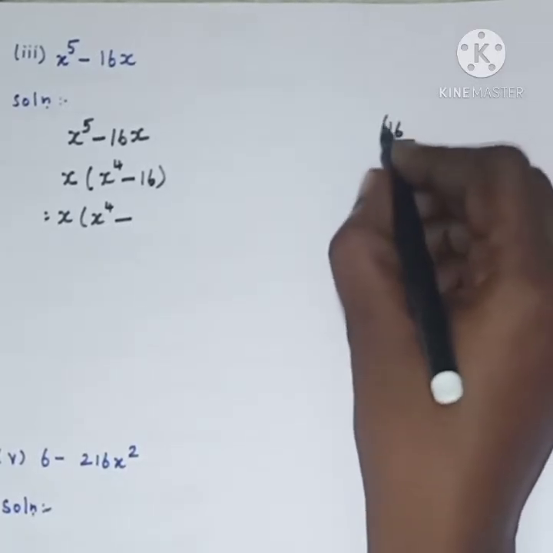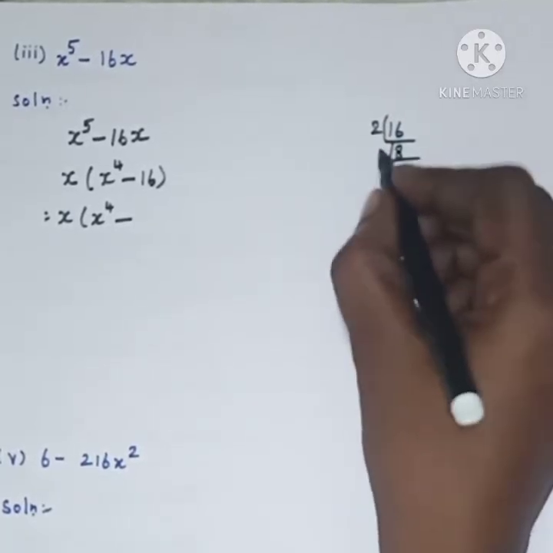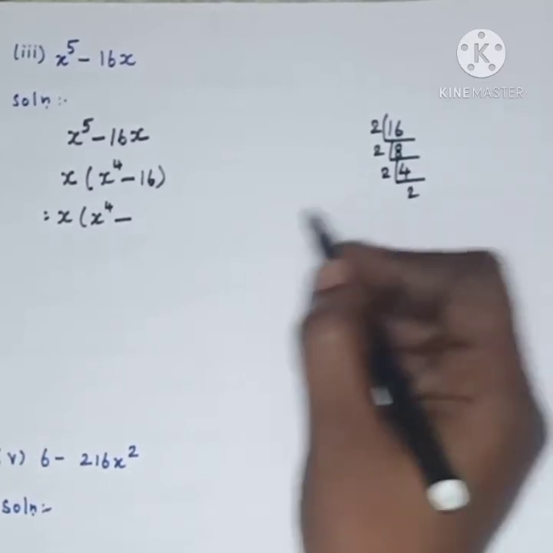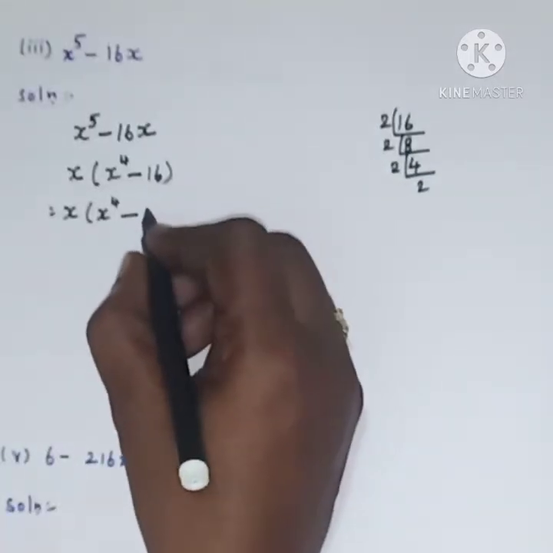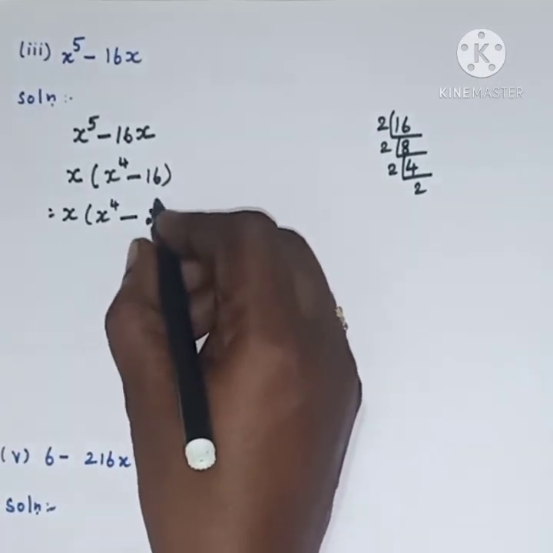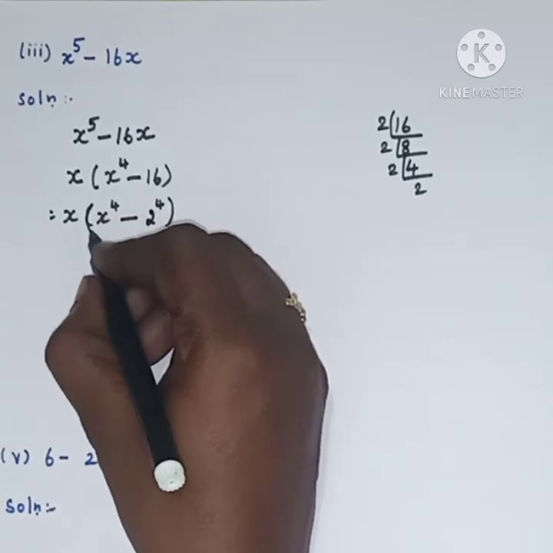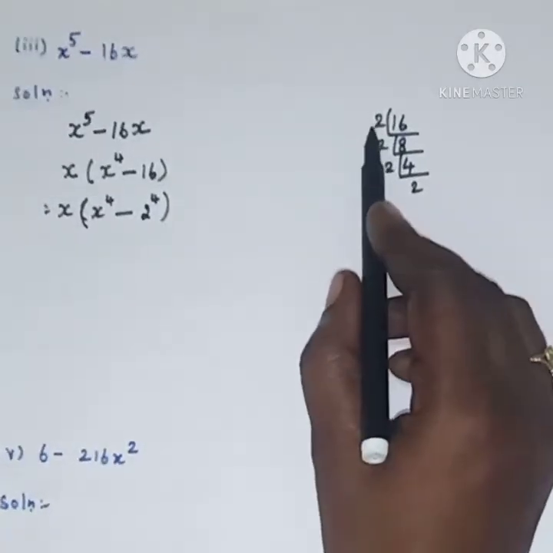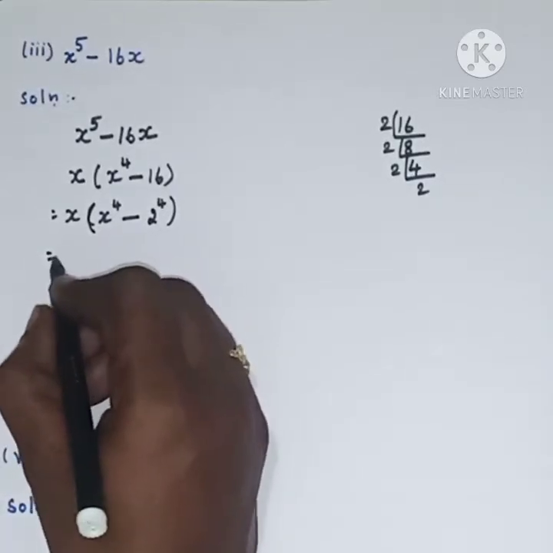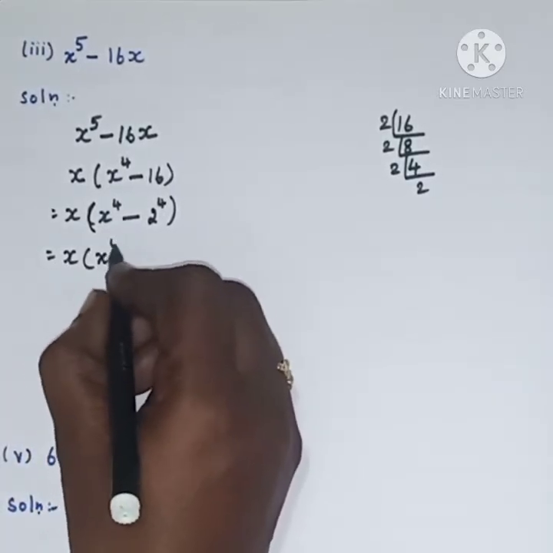16 can be written as 2 into 8, 2 8s are 16, 2 4s are 8, 2 2s are 4. So 16 can be written as 2 into 2 into 2 into 2. We have 4 2's here, so 2 power 4. So this is equal to x into x power 4.